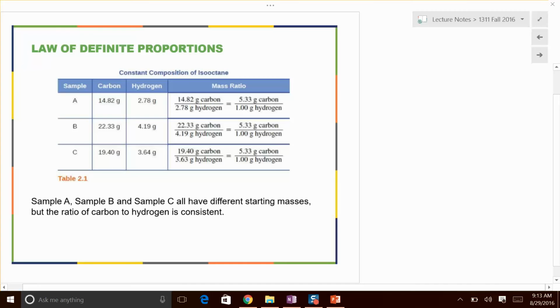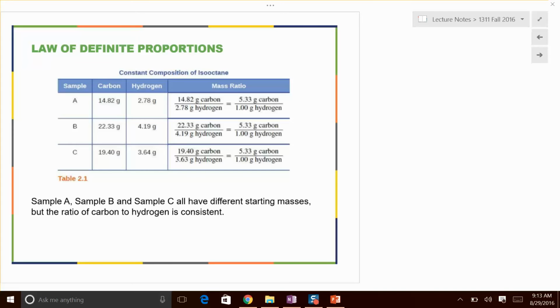Okay, so those are his postulates. Mostly still true today, with one exception, and that is simply due to the fact that we understand more now about the masses of these elements.